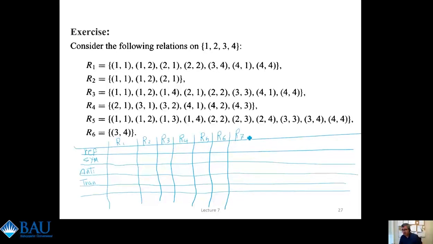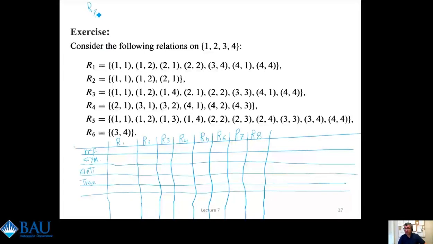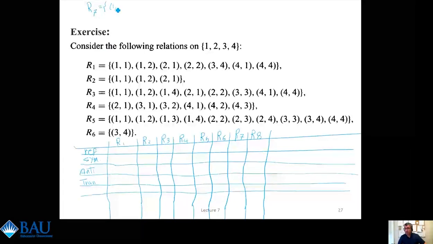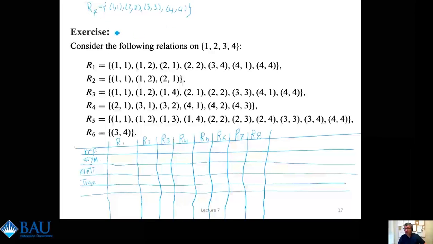R7, R8. I want to write R7. This is R7: 1,1, 2,2, 3,3, and 4,4. I want to write R8. R8 is the empty set.